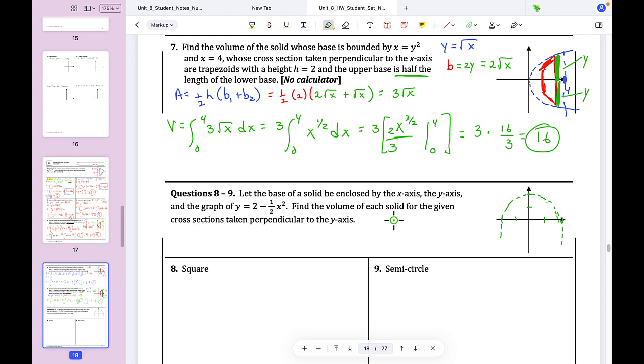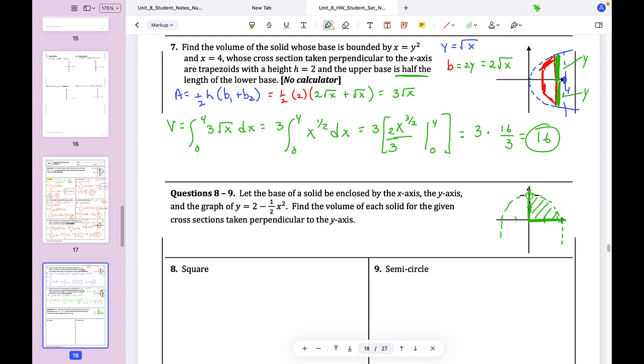Perpendicular to the x-axis. Okay, I'm a little unclear on bound by the x and the y-axis. So I have to be talking about this area because it's the y-axis and the x-axis.